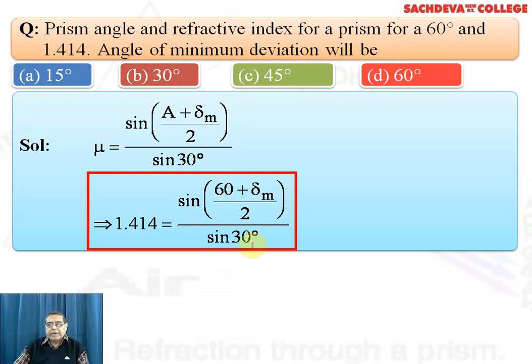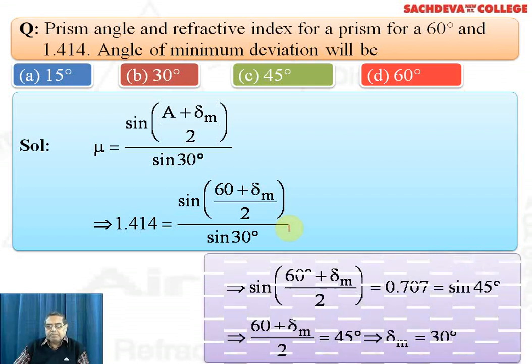So the denominator is sine 30, and the numerator is sine of (60 plus delta m) by 2. The unknown in this whole equation is delta m. Sine 30 we can compute as 1 over 2, and then we calculate delta m.